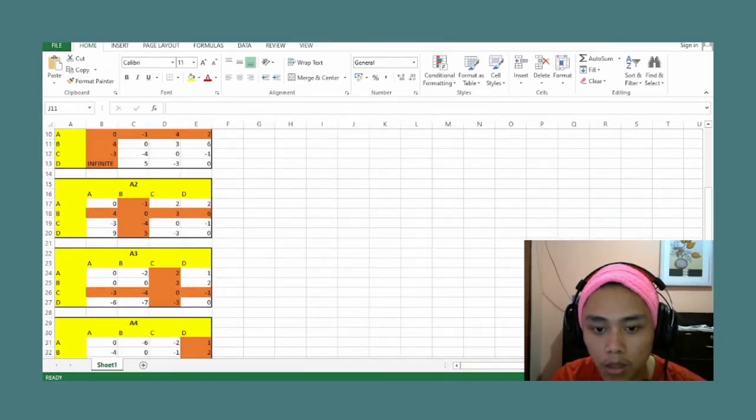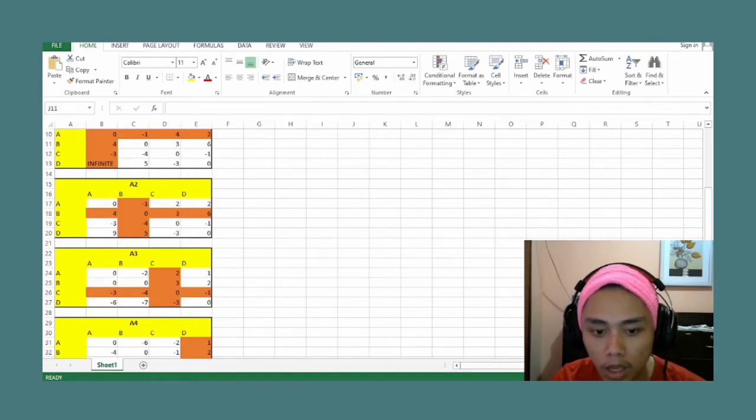In matrix 2, the vertex B will remain unchanged. The self-loops, or the same letters, are 0. These are AA, BB, CC. A to C is equal to 2, which is less than 8, so it will replace the previous value. A to D is equal to 5, which is greater than the previous value, 2, so it will remain unchanged.